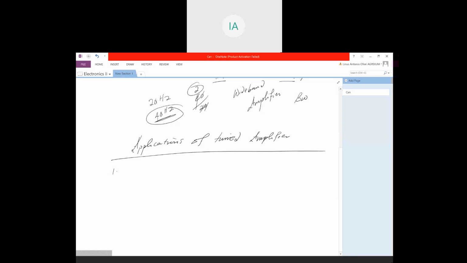So the applications of tuned amplifiers.